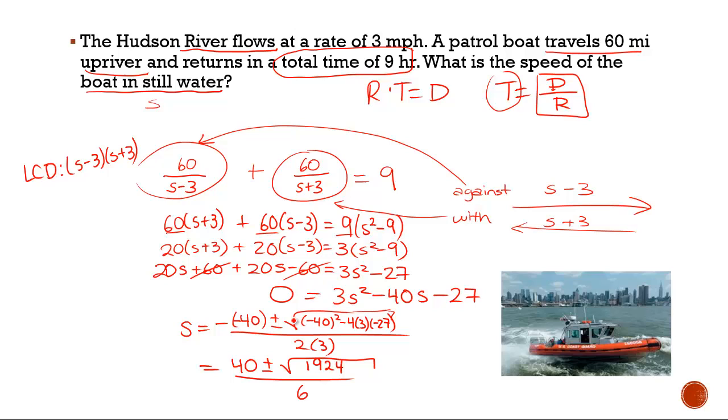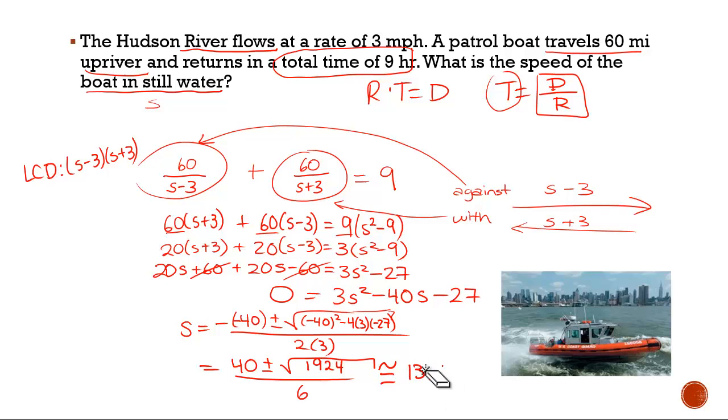However, you could simplify this and get exact values, but since this is an applications problem, and they're looking for the speed of the boat in still water, we can approximate this. So let's find the approximation of both of these answers. 40 plus the root of 1924 over 6 is approximately 13.97.